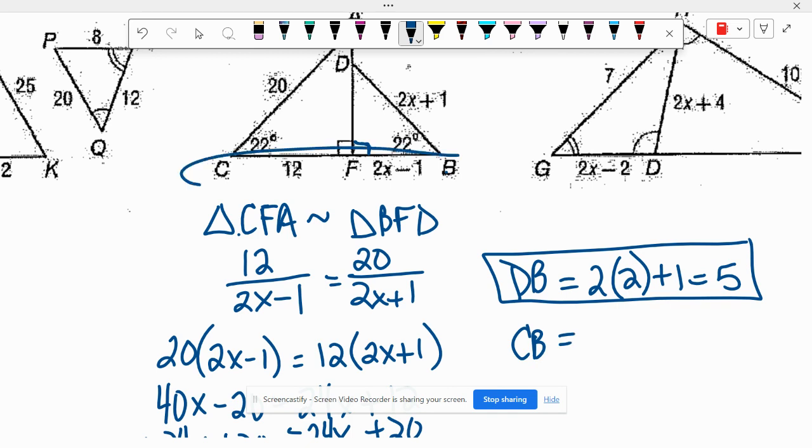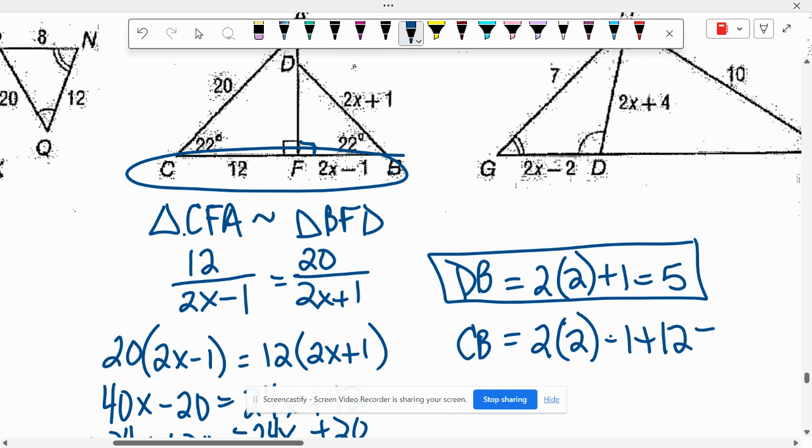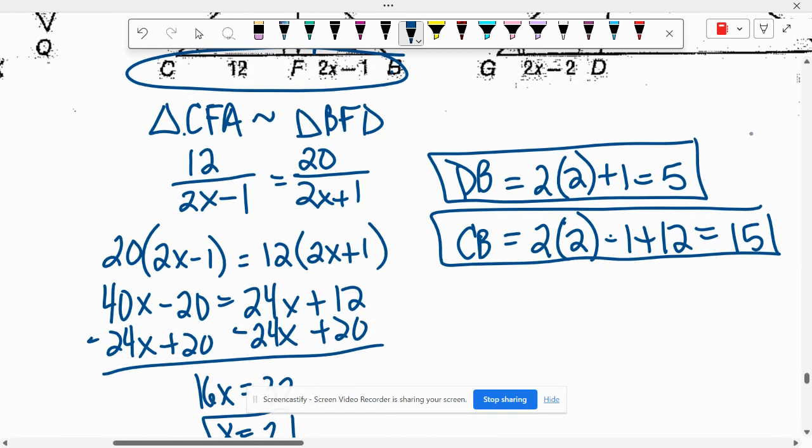So do you guys see this? 2 times 2 minus 1 plus 12. So what is that? 15. Good job. It doesn't even ask us about DB or FB. We just kind of incorporated that in there. Okay. All right.